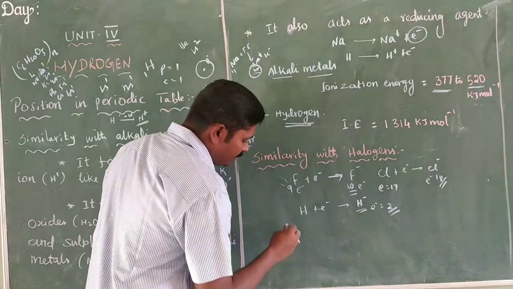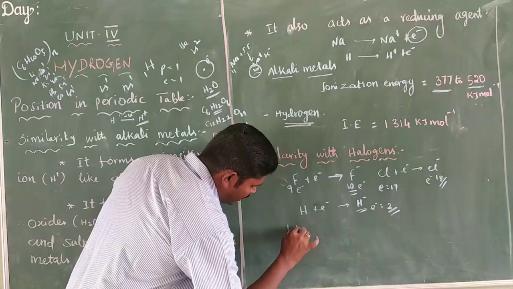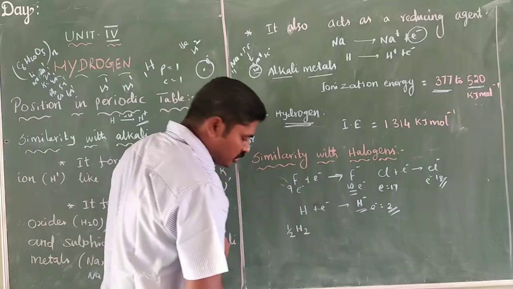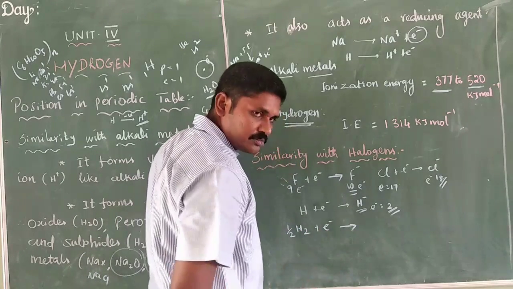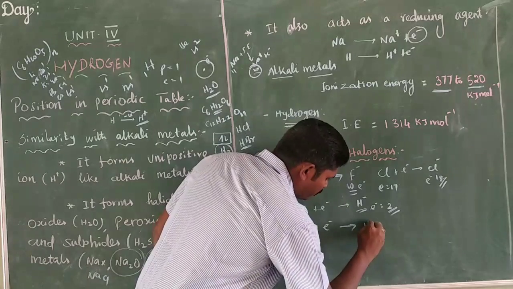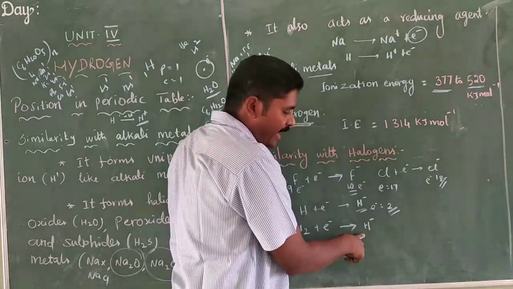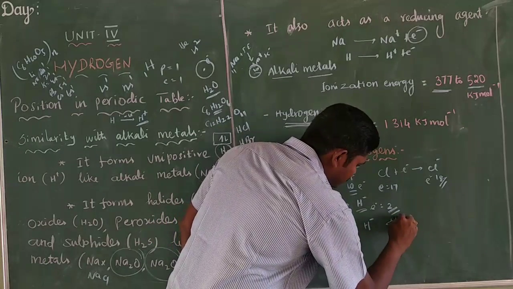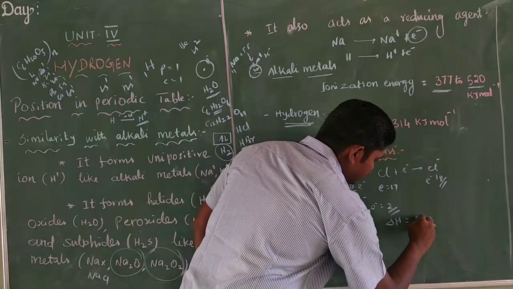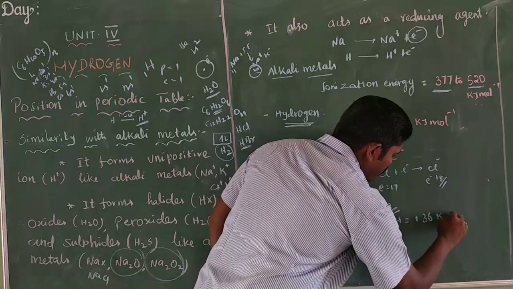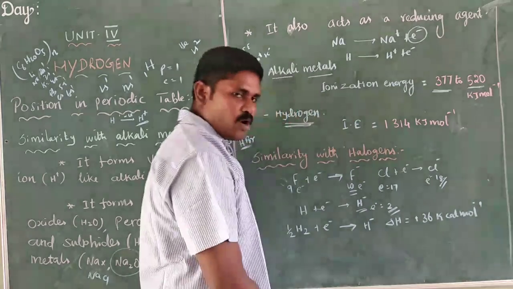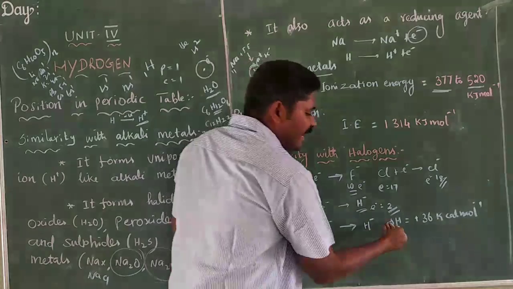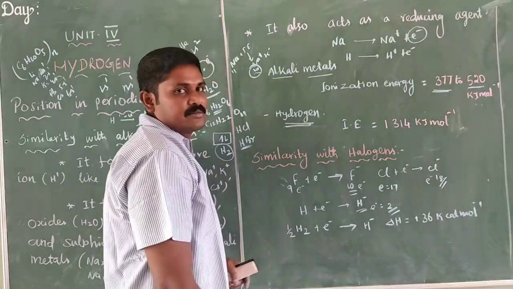For example, a hydrogen atom gaining one electron to attain the hydride ion has a delta H value of plus 36 kilocalorie per mole, which is an endothermic process.